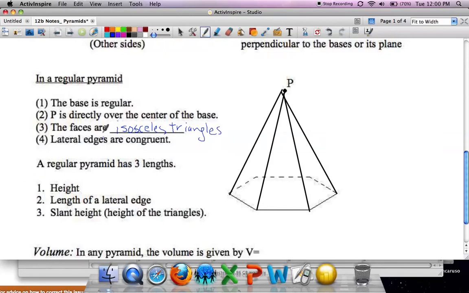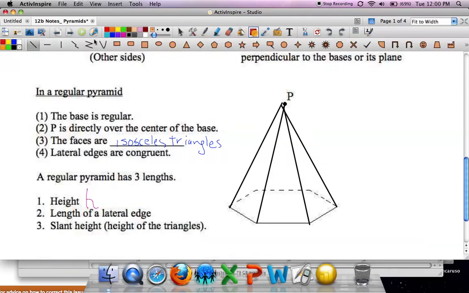So a regular pyramid has three lengths. We're going to do hot pink here. The first is called the height, and we use the letter H. So the height would be from the point on top, perpendicular, to the bottom.